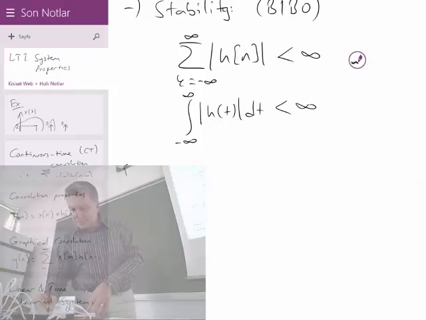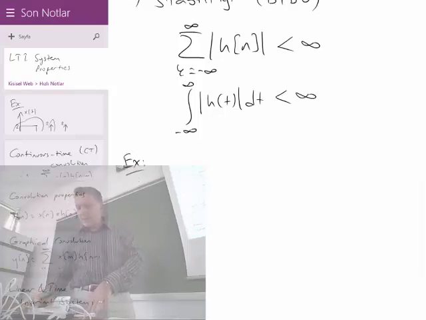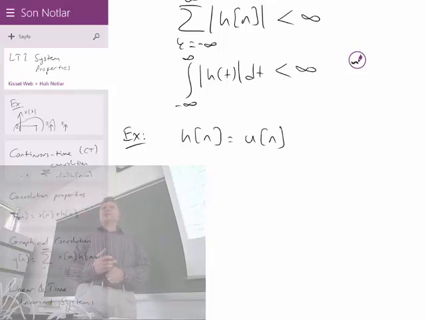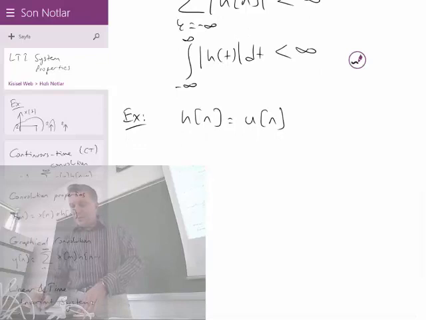Let's see an example. h of n is equal to u of n. So the impulse response is a unit step function. That's a linear and time invariant system with an impulse response. What would you say about stability? First of all, what would you say about causality?